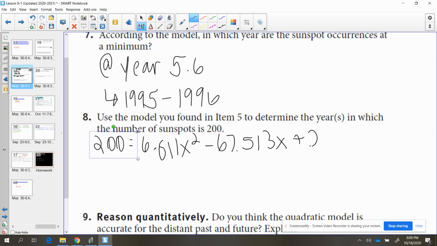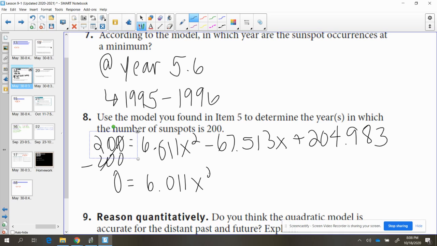Which, if you think back to last unit, in order to solve this for x, we're not going to have a nice, pretty factorable value. If we subtract the 200 over and get 0, then really we're going to have our model and we're going to be able to use the quadratic formula in order to find when the values are going to occur.